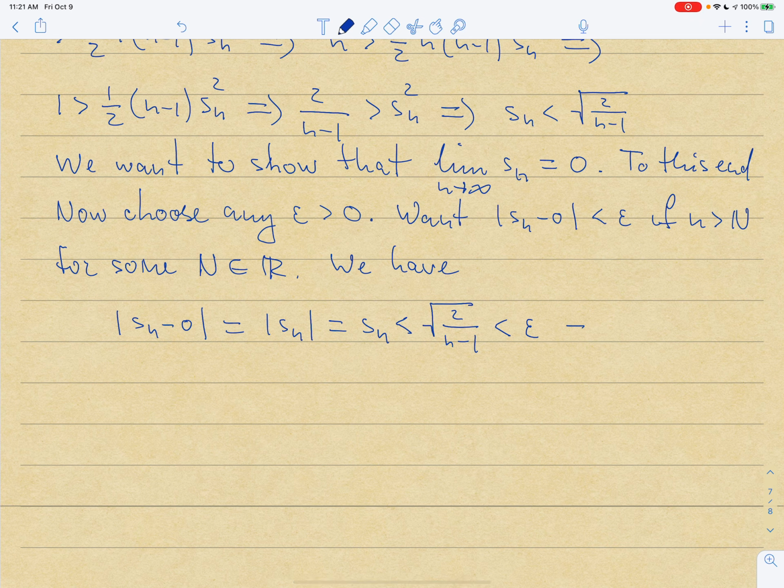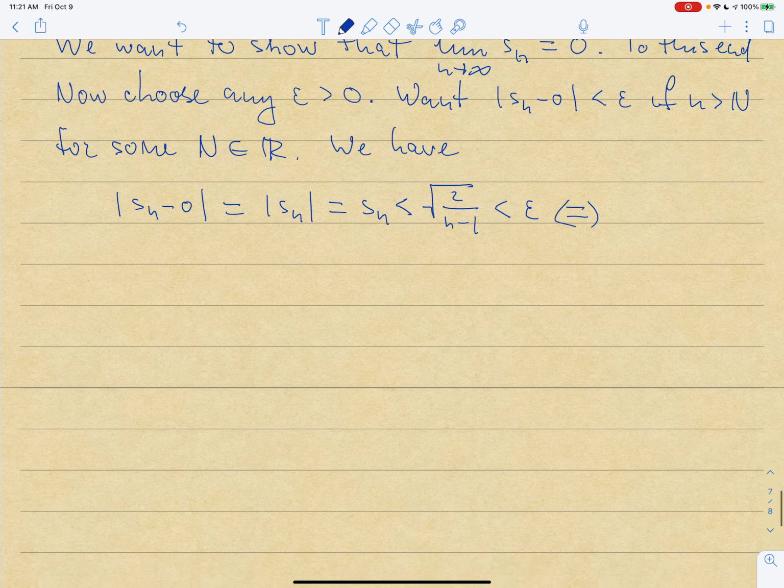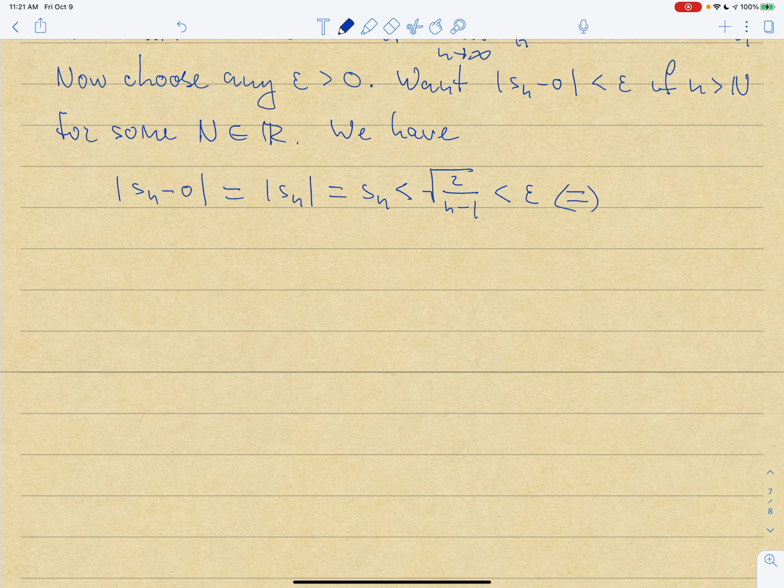And doing this is equivalent to saying that I want 2 over n minus 1 to be less than epsilon squared, and I can solve this for n. So this is equivalent to saying that n minus 1 should be greater than 2 over epsilon squared. And that's the same thing as saying I want n to be bigger than 2 over epsilon squared plus 1. And I'm going to call that capital N.